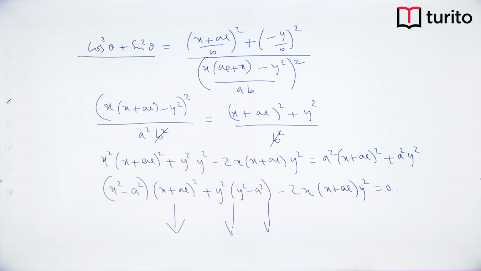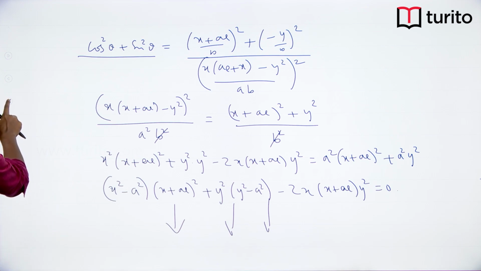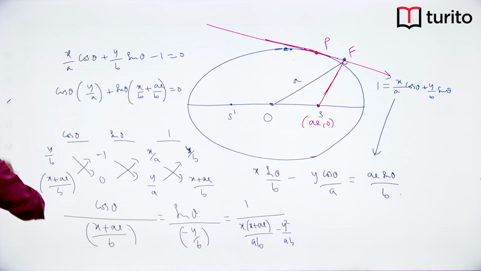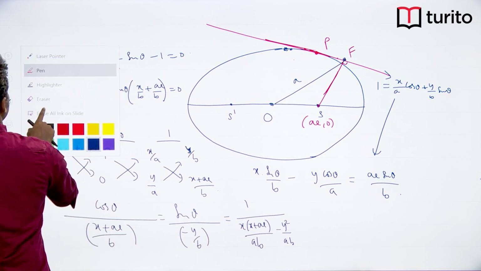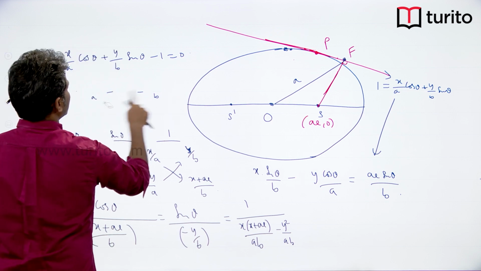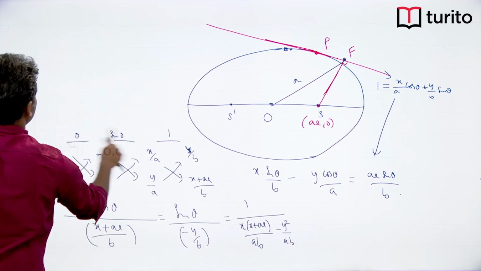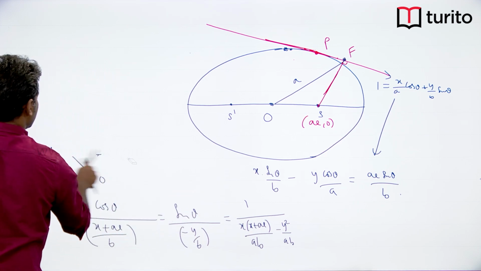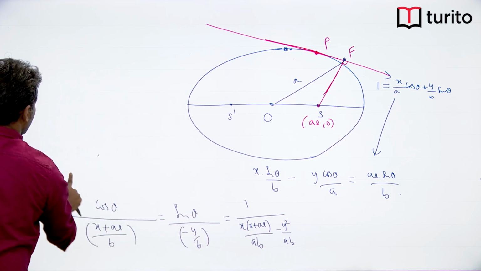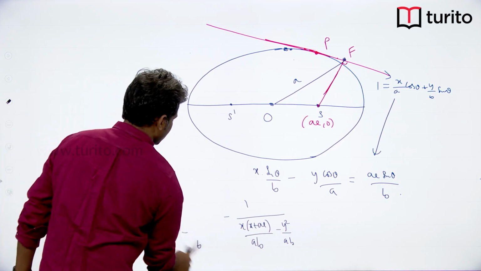Okay, next page also. So here, what is the other idea? Other idea is this. Suppose let us say I remove all of them and I take the tangent as y equal to mx plus root of a square m square plus b square, and that way also we can solve this question.